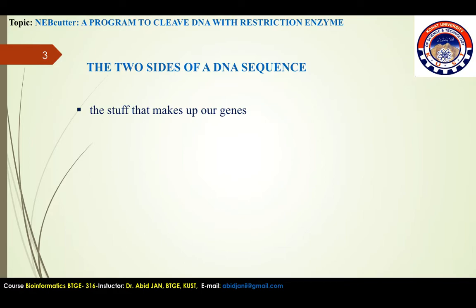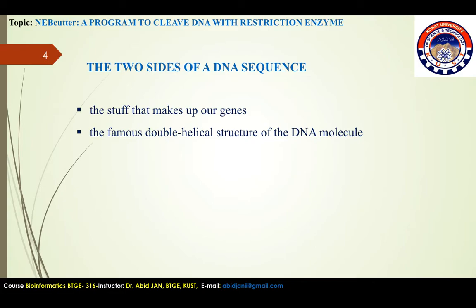Deoxyribonucleic acid, DNA, the stuff that makes up our genes, is a large macromolecule. It is a long chain-like molecule twisted into a double helix. In 1953, Watson and Crick elucidated the famous double helical structure of the DNA molecule.